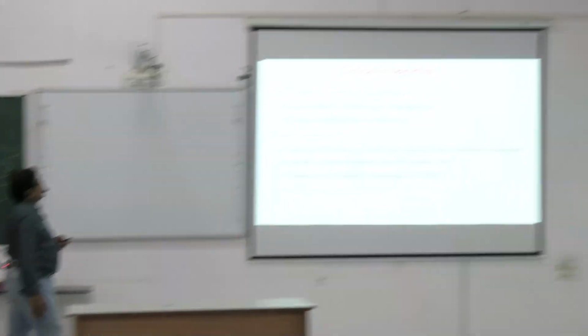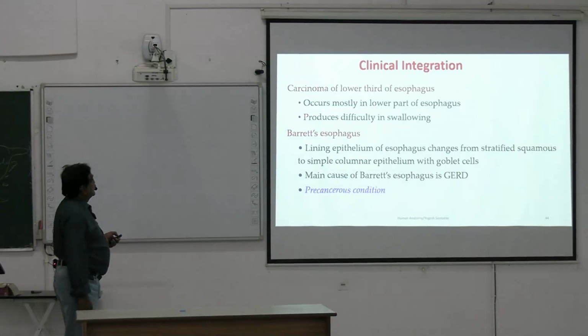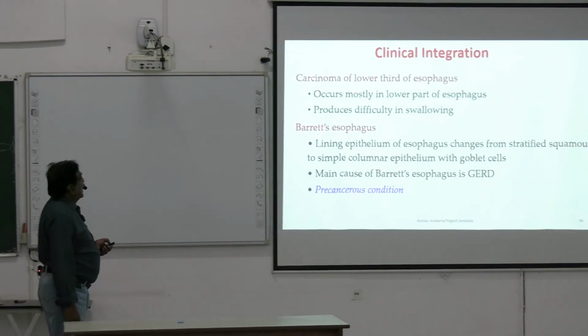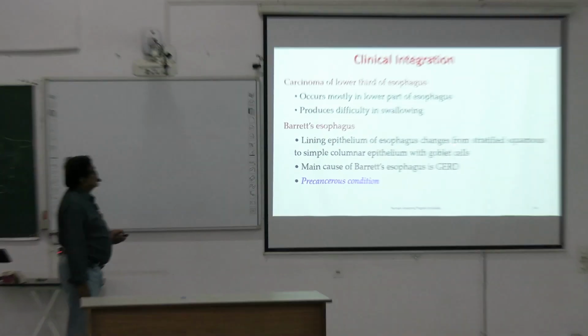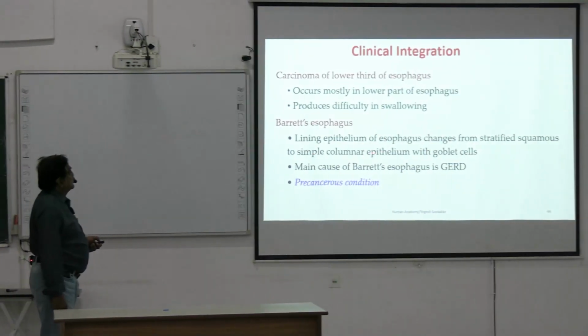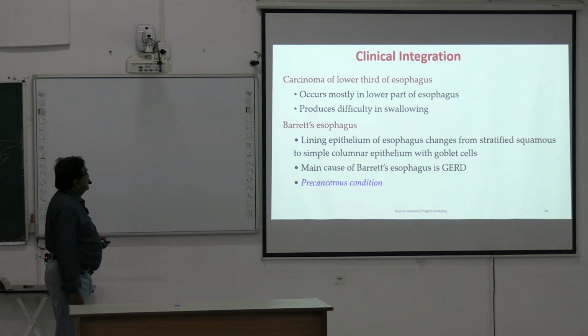Now, carcinoma of the lower third of the esophagus occurs mostly in the lower part of the esophagus and produces difficulty in swallowing. Barrett's esophagus: the lining epithelium of the esophagus changes from stratified squamous to simple columnar epithelium with goblet cells. The main cause of Barrett's esophagus is GERD, and it is a precancerous condition.